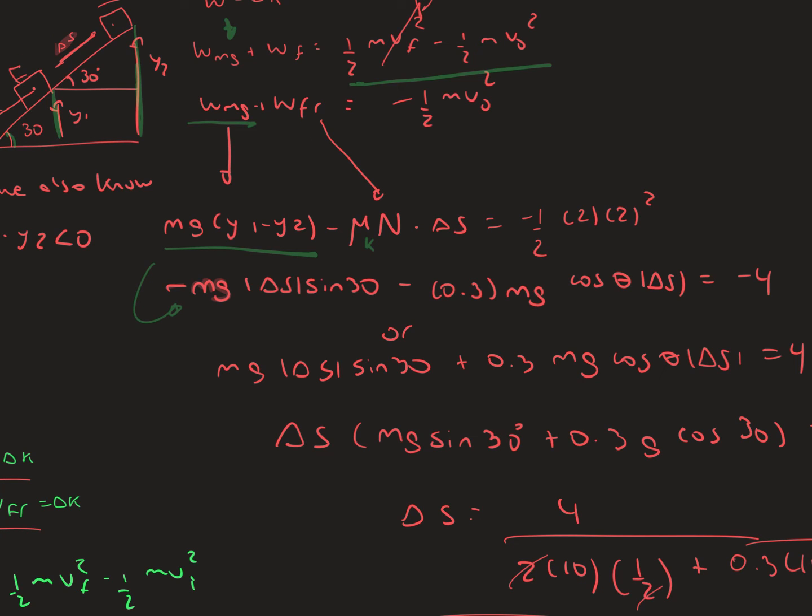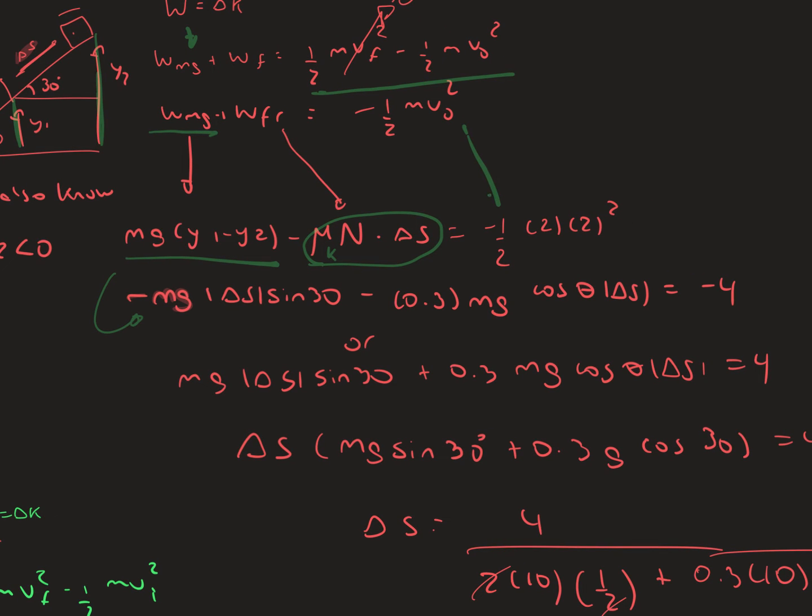Next, we're going to replace the work of the friction with mu sub k times the normal force times the displacement, so this whole thing right here. And that's going to be equal to whatever we have left from the top.